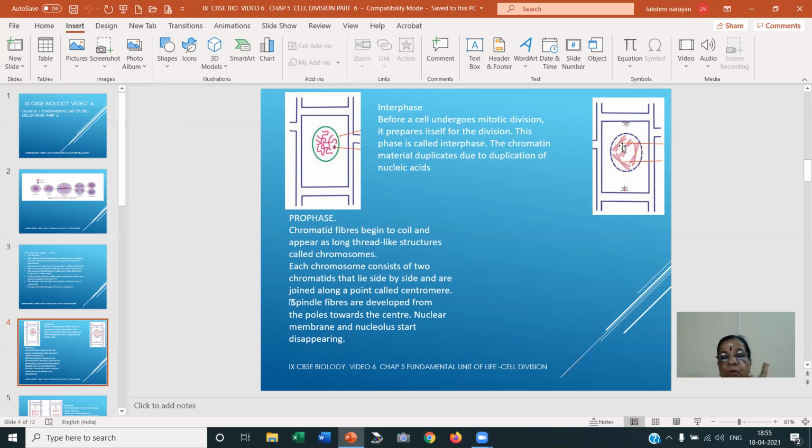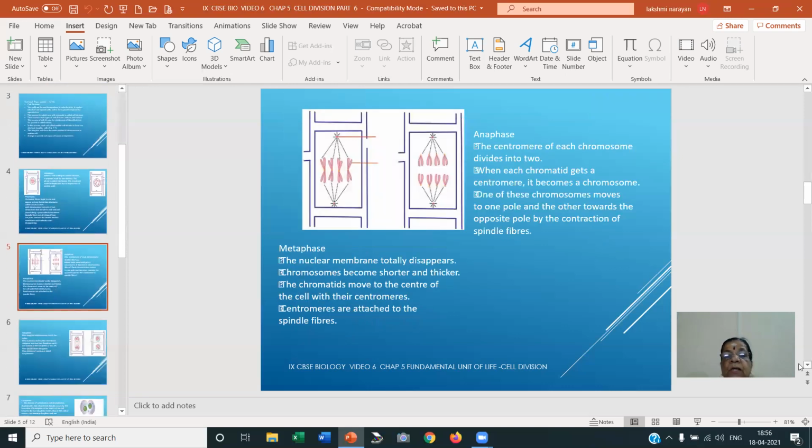At the end of the prophase stage, the nucleolus and nuclear membrane will disappear.